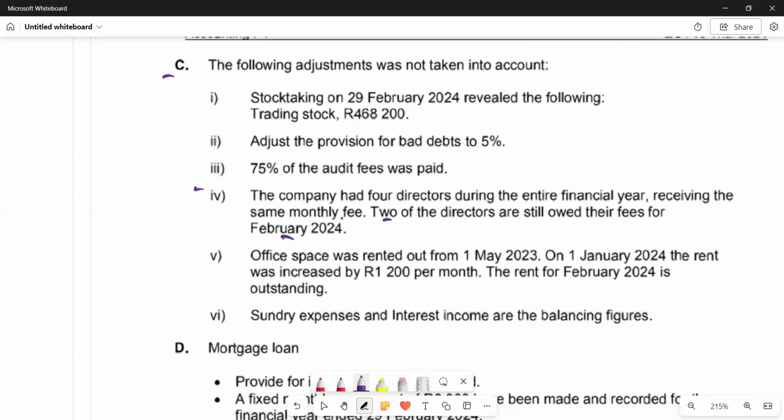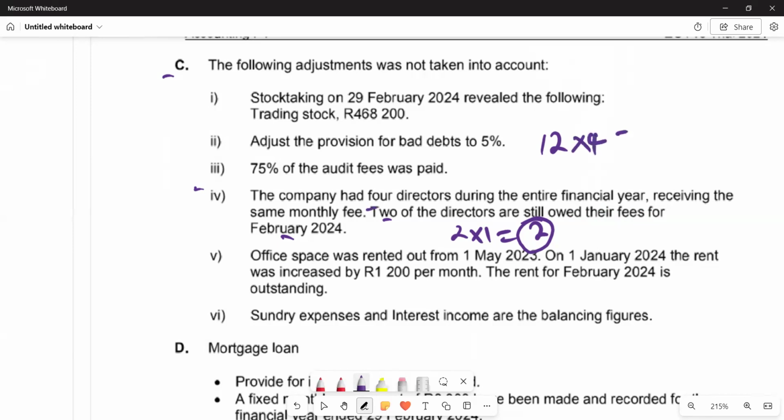So it means 2 times 1 month, you get your 2. So we have got 2 months that are missing from the figure that we are given in the list of balances. But we have 4 directors. It means the number of months that are supposed to be there is, remember, we've got 12 months for each director, times the 4 directors.